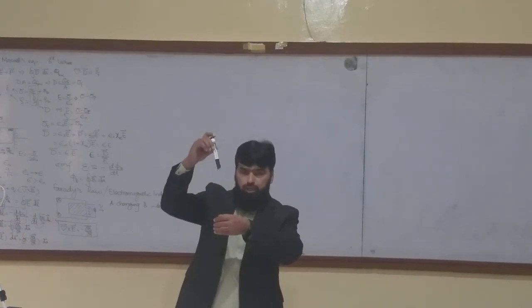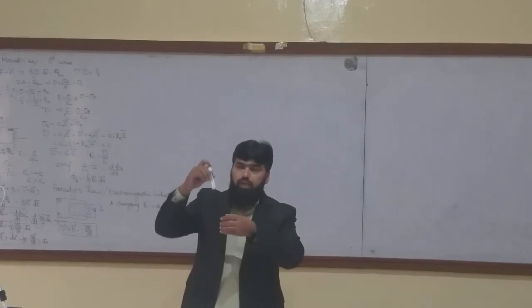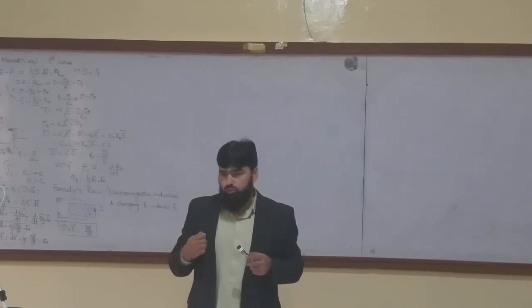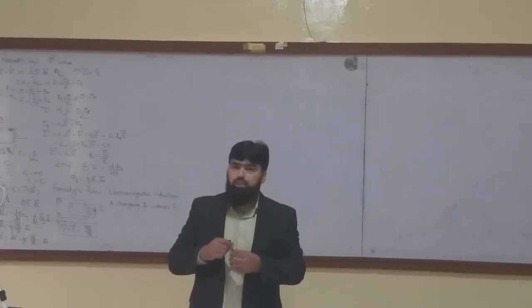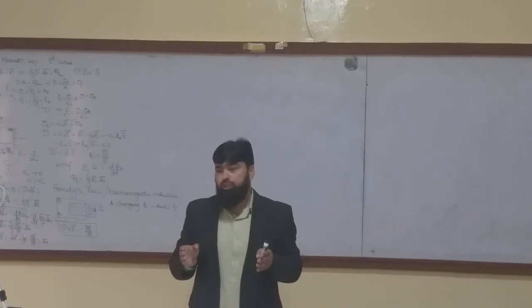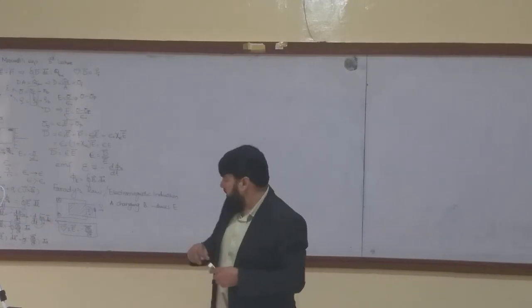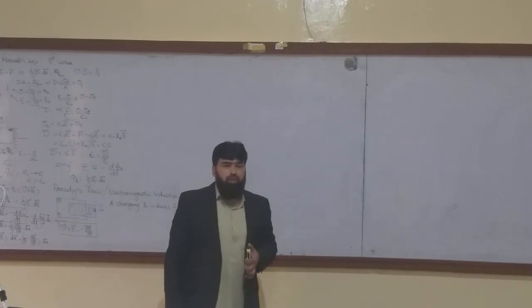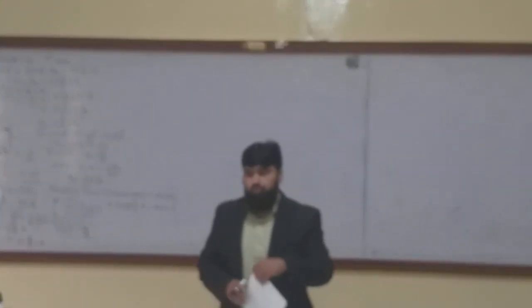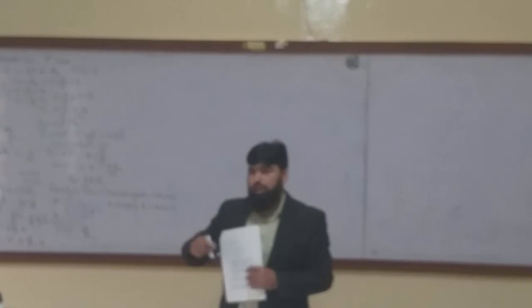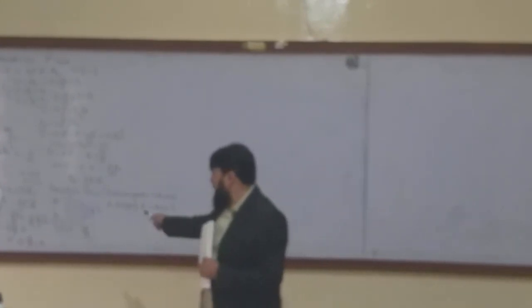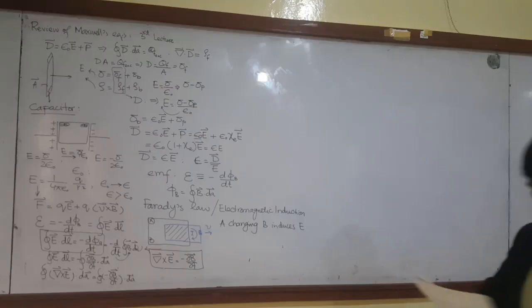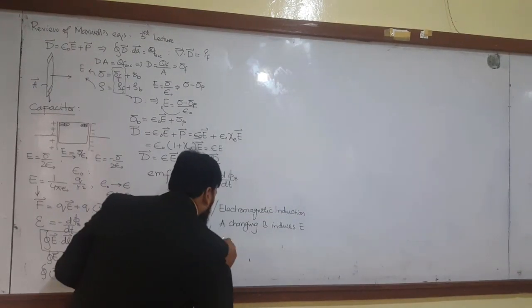And if you are pulling it out, then again you will have to apply force. So in both cases, the magnetic flux change is opposed. This means this variation is opposed. The lines of magnetic field, then, you can say are opposite to it, so we will have the minus sign. So we can say that nature abhors a change in flux.